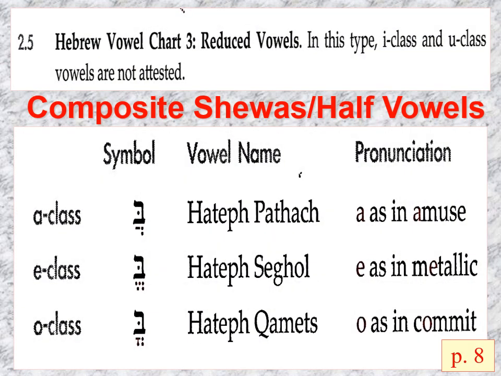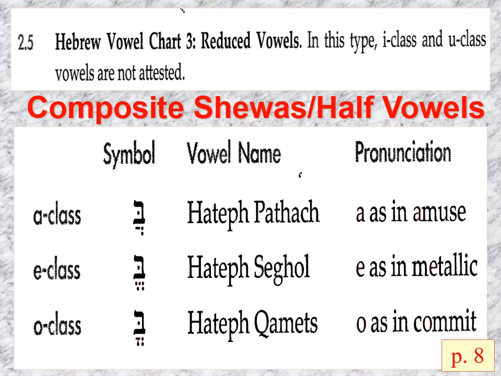Let's look at the reduced vowels. They are sometimes called composite shewas, sometimes called half vowels. Just get used to those terms. There are three of them. In the A class, the reduced vowel is the hatef patah, as in amuse. You can see how it's very short, what we might call a quarter vowel. As in amuse, ba.